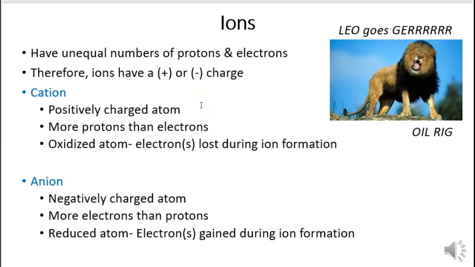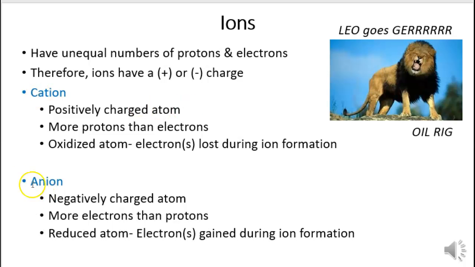Okay, let's talk about how ions are formed. This is part 2. Ions are forms of atoms that have unequal numbers of protons and electrons. So they're either positively or negatively charged. A positively charged atom is called a cation. It has more protons than it does electrons.